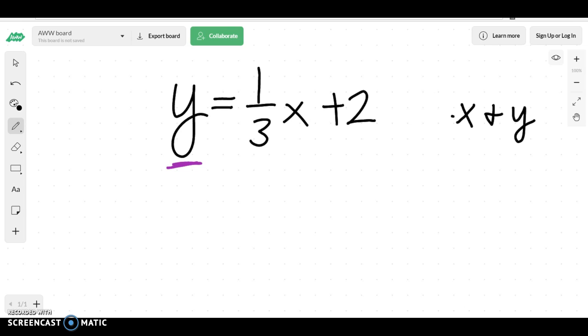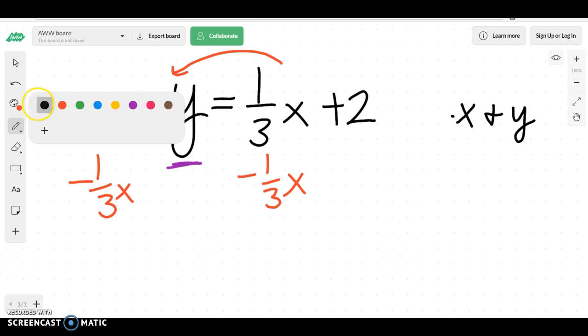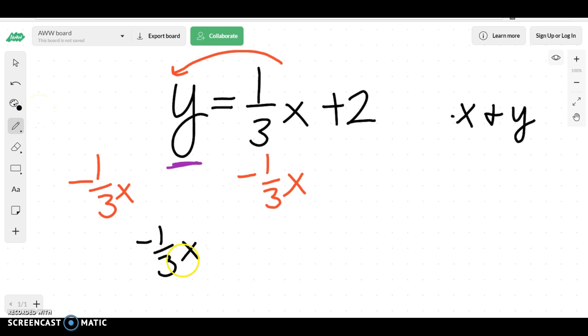If you got stuck converting it to standard form, the first thing you want to do is say, now I want the x and y on the same side, so I want to move this x over here. I can do that by minusing a third x. So we're going to minus the 1/3 x over, plus y equals 2. And the only other issue is something that we should have noticed in standard form: we never had any fractions.